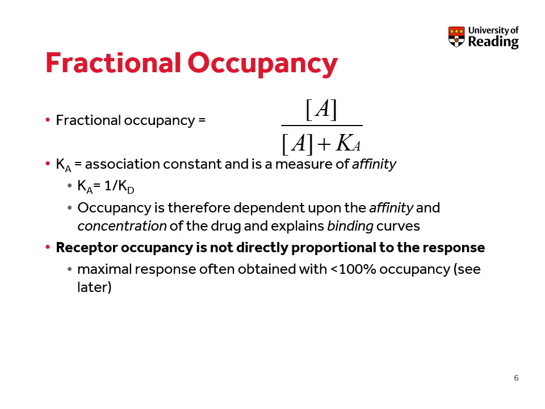And it's really important to remember that maximal responses to many agonists are actually obtained with much less than 100% of the receptors occupied. You don't have to occupy all the receptors on the tissue to get the maximum response. You only have to occupy a certain fraction of them.